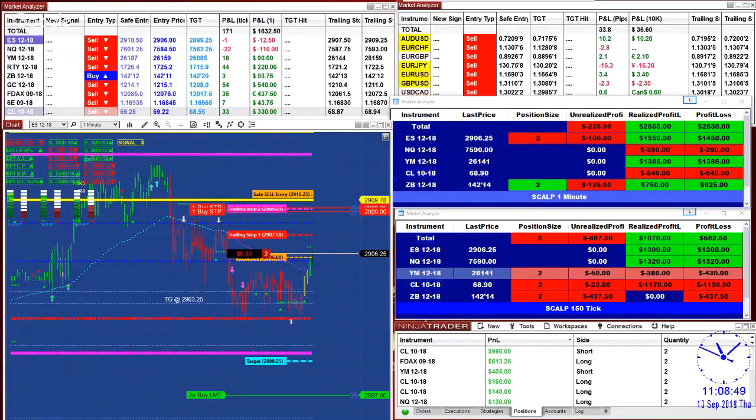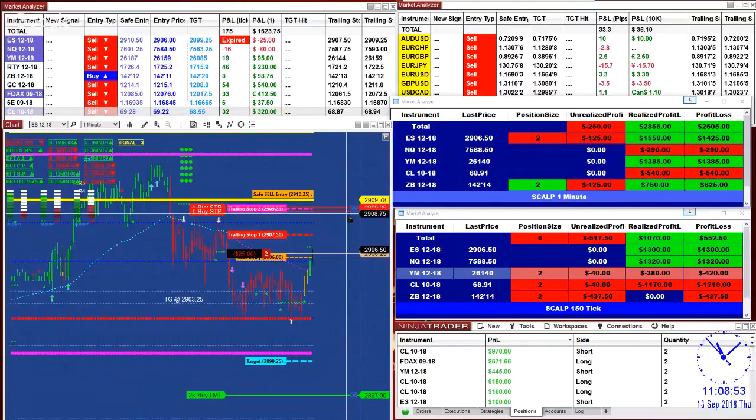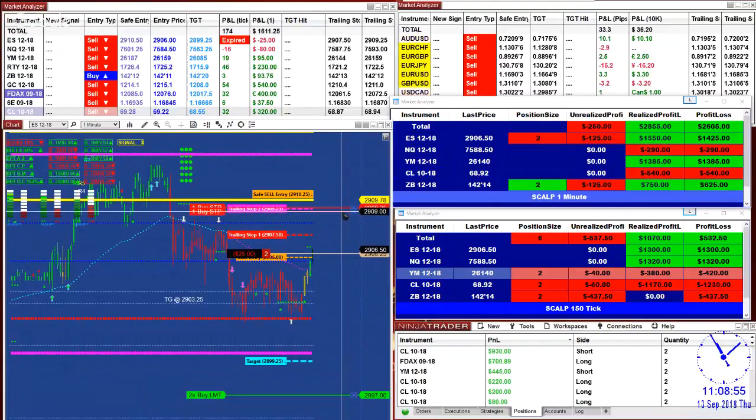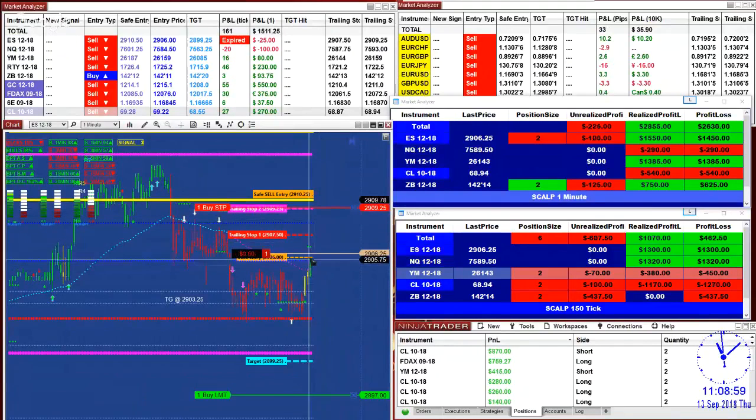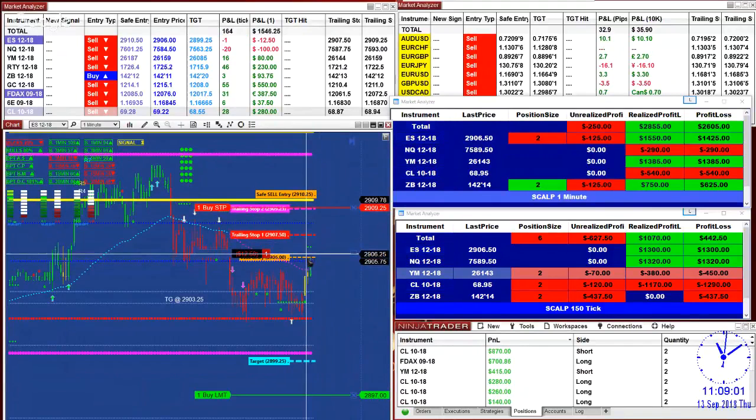I think the party is over on the ES, and whoever made money made money. I'm going to be closing this one, and whoever didn't make money is not going to make money. So the trade is over on the ES. We have a new buy signal, CL.